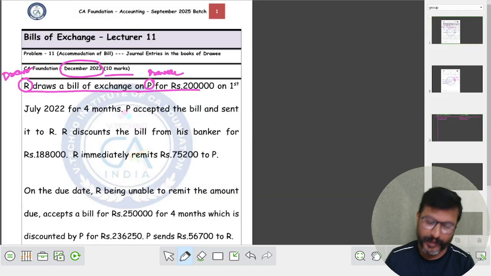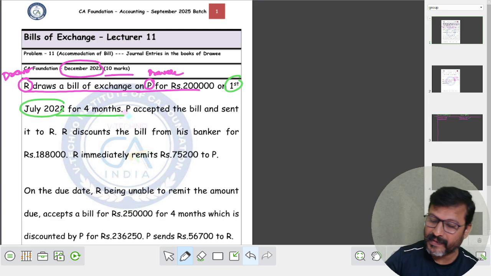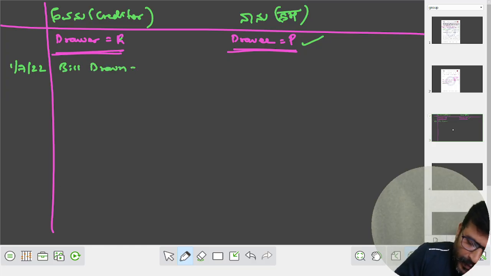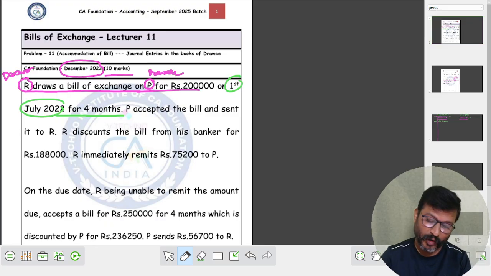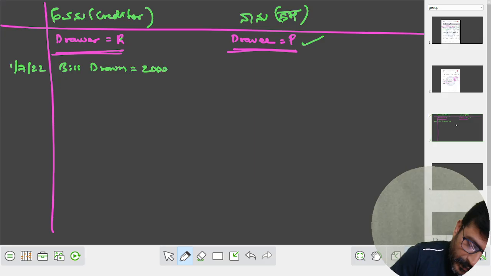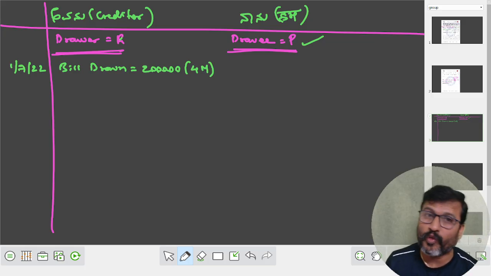Now R drew the bill of exchange on 1st July 2022 for 4 months. The bill is drawn for an amount of rupees 2 lakh, for a period of 4 months.